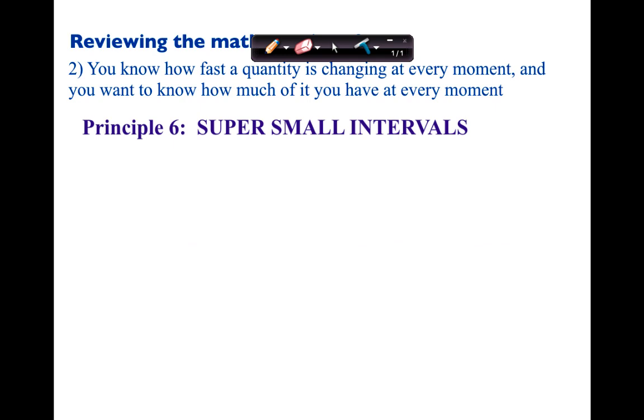Super small intervals, right? Super small intervals means we can't tell the difference anymore between approximate rate and approximate accumulation and exact rate and exact accumulation. So with super small intervals, now we're converging on our goal, right? Which is the exact net accumulation.